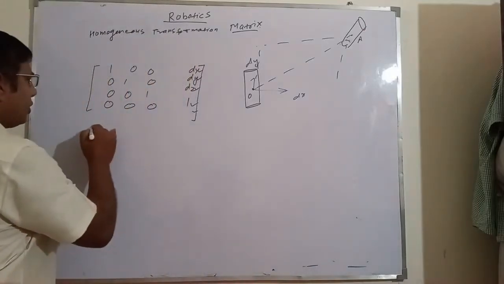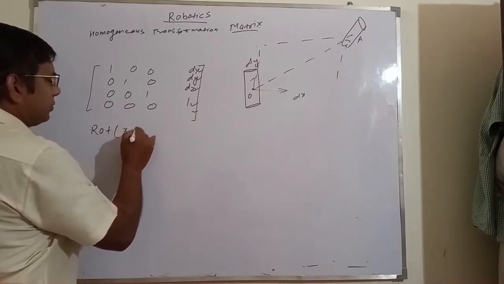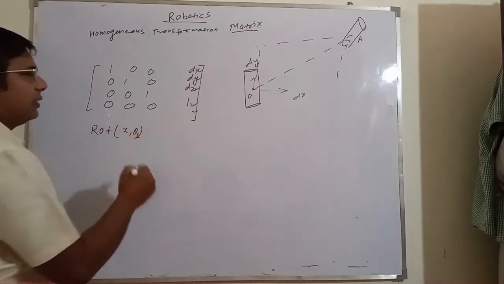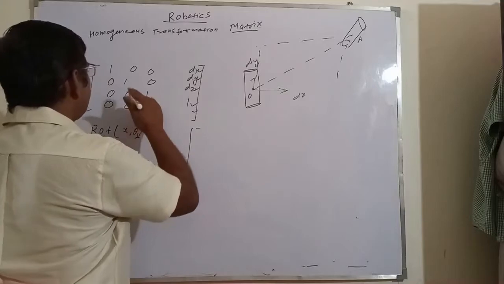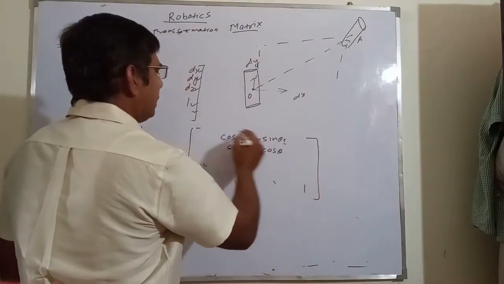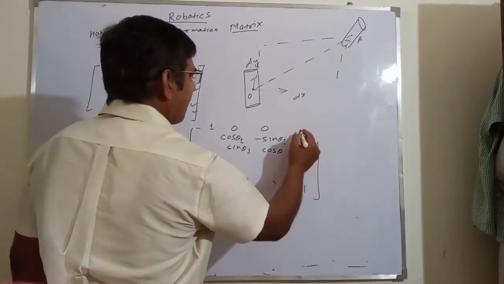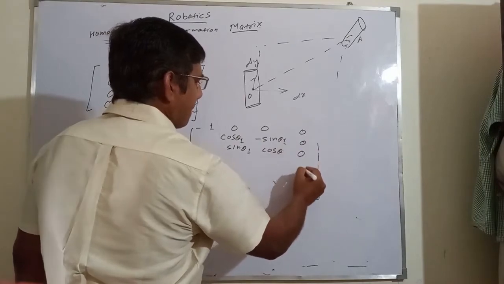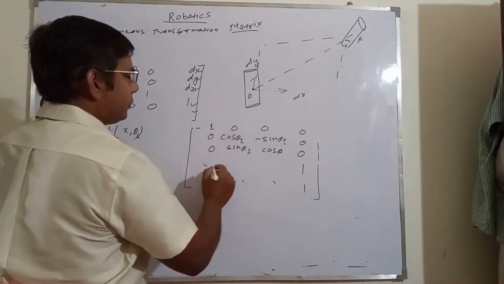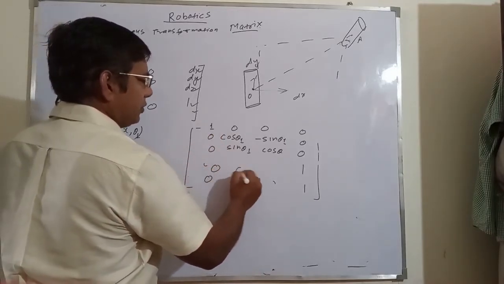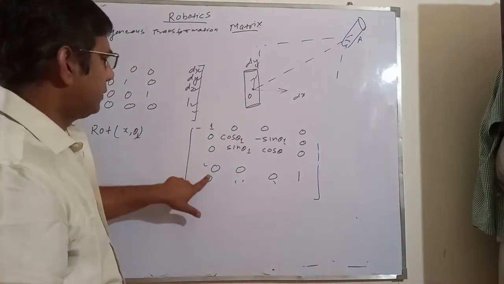But for rotation, suppose we are rotating about x by theta 1, then we have to put the rotation terms in the matrix, with 0s elsewhere.